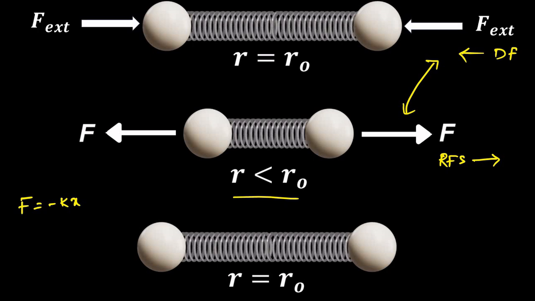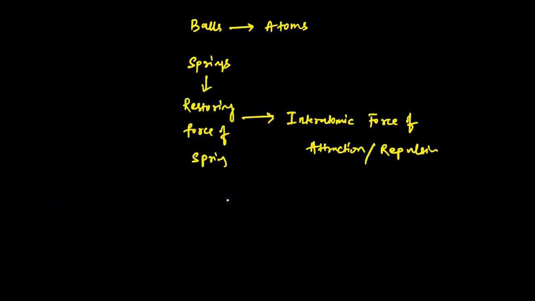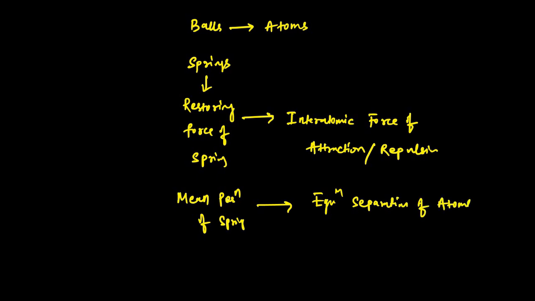The mean position, again I am adding here, the mean position of the spring, that is the undisturbed one, is the same as the equilibrium separation of atoms. As the spring always tries to return to its mean position, the atoms always try to return to their equilibrium separation in elastic solids.